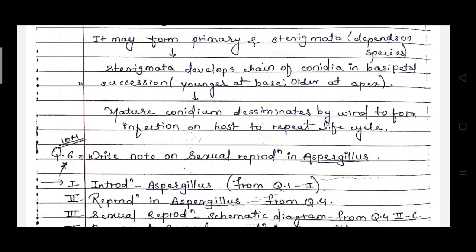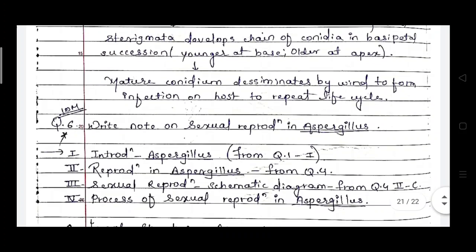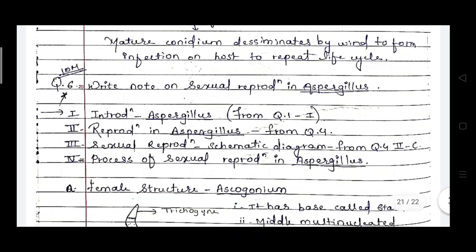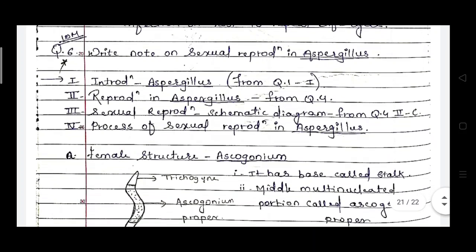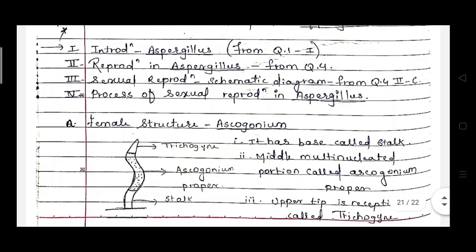In this way asexual reproduction takes place in Aspergillus. Next is the sexual reproduction in Aspergillus.